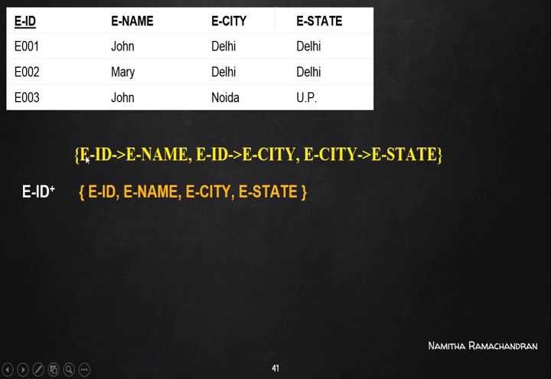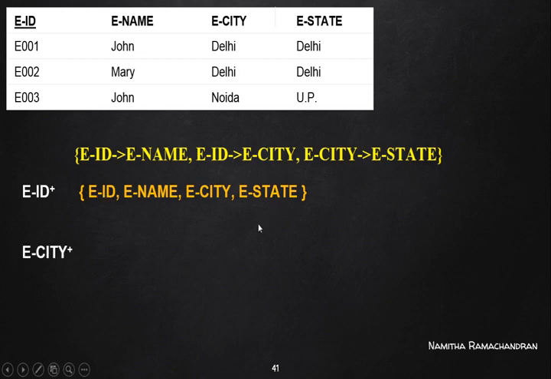If we know the EID value, we will get the ECT value directly, and from that city value, we can derive the state information. That means EID is related to ECT and that ECT is related to EState. That means if we know EID, we get the EState value. That is our transitive dependency. That is derived here.